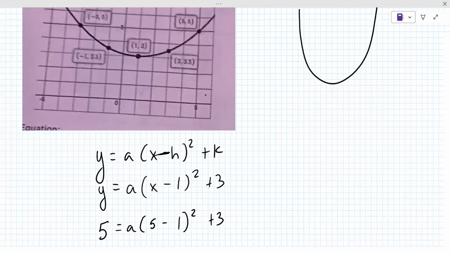All right, so then, okay, shoot, I forgot how to. I currently have 2 equals a parentheses 16.